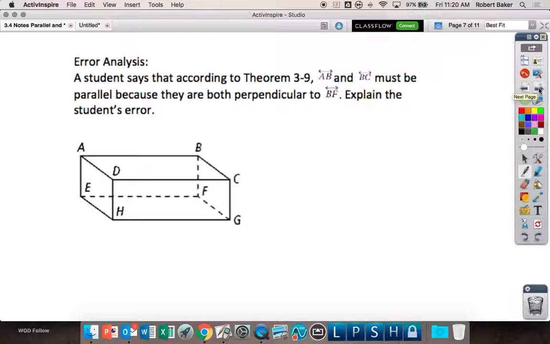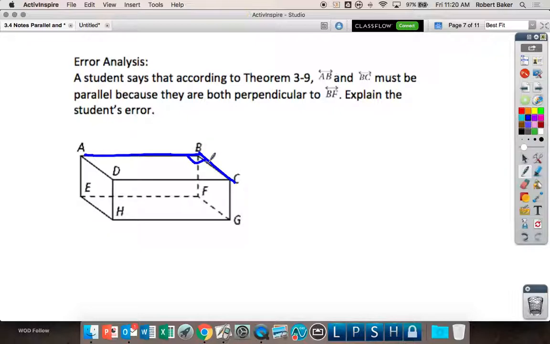A student says, according to Theorem 3-9, that line AB and line BC must be parallel because they are both perpendicular to line BF. Explain why that kid is wrong. They're on different planes. So when you look at AB, is AB perpendicular to BC?